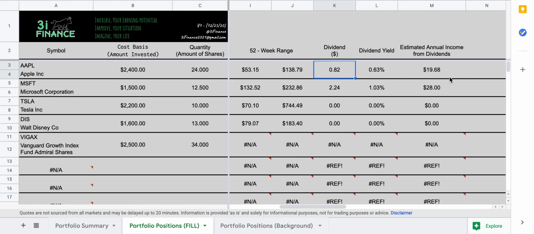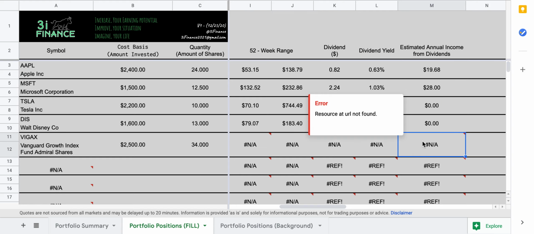This would be considered passive income, but as you can see, not all of the companies, such as Tesla, offer a dividend. This is because they reinvest the profits that they make back into their company for research and development to further grow the company and therefore their share or stock price.